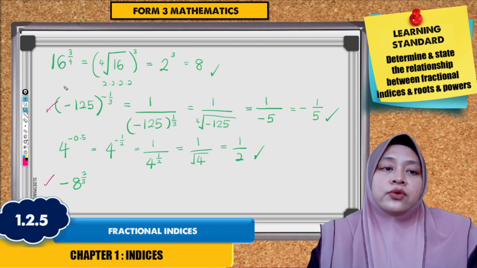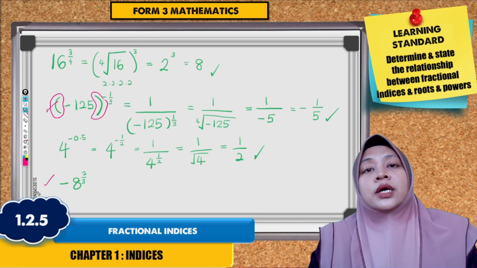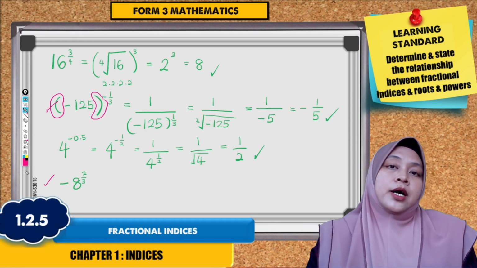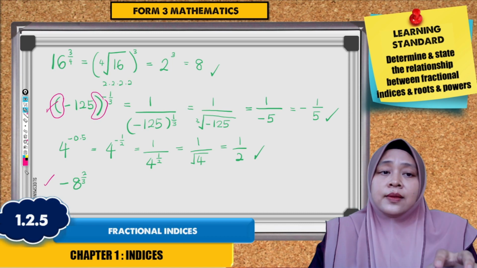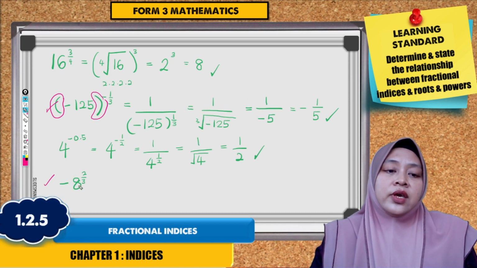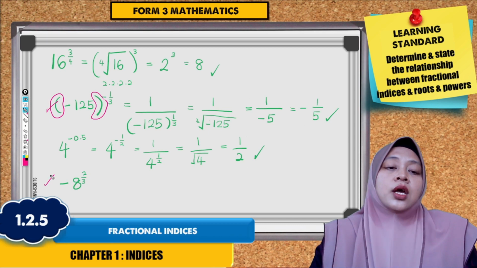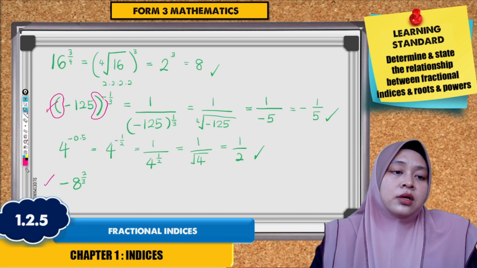Be careful with the parentheses, the parentheses are very important. The fourth question on this page, you can see negative 8 to the power of 2/3. There aren't any parentheses, so be careful.